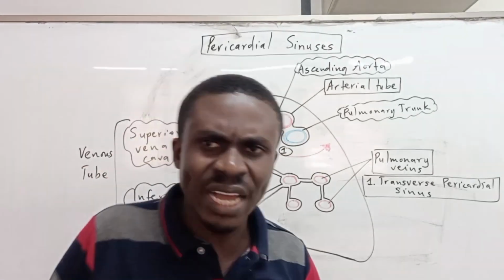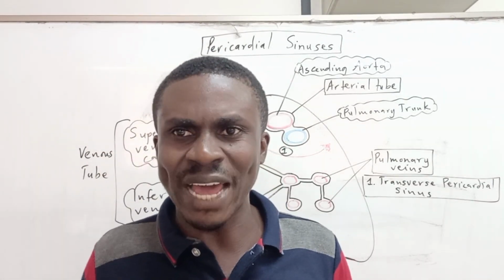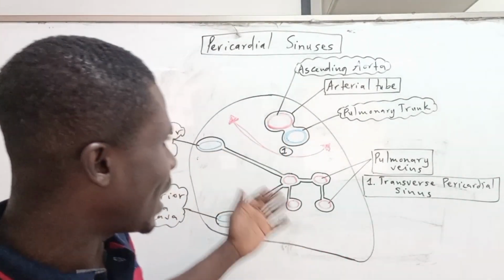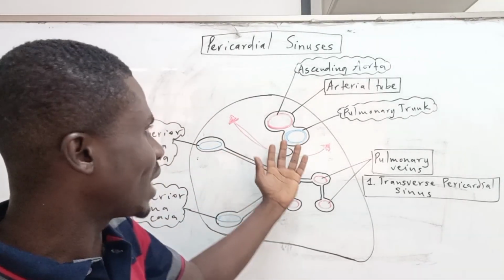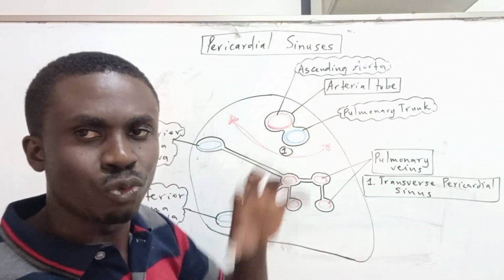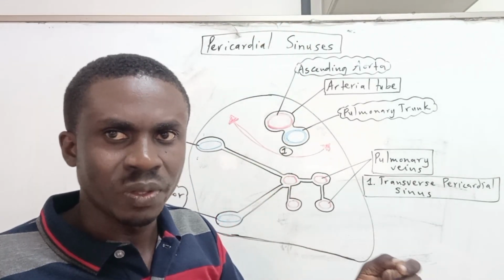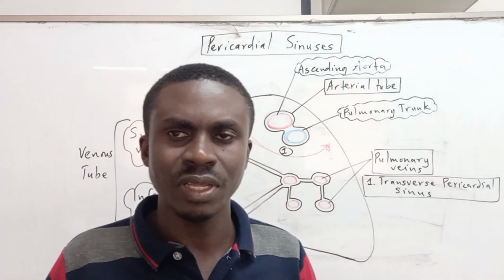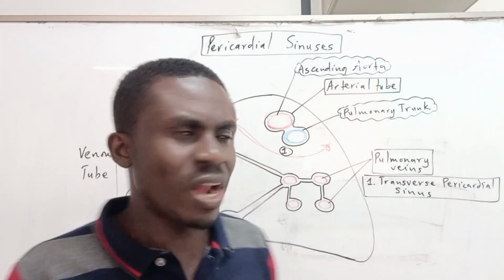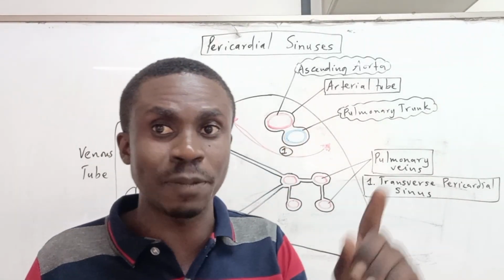And whenever cardiac surgeries are indicated, there could be a lot of loss of blood. So what's going to happen is, this one can bring blood in here, this one can take blood out of the heart. So we want to clamp it. We want to ligate these great vessels during cardiac surgeries. So one thing I want you to know is that whenever you talk about this transverse pericardial sinus, it has surgical merits.